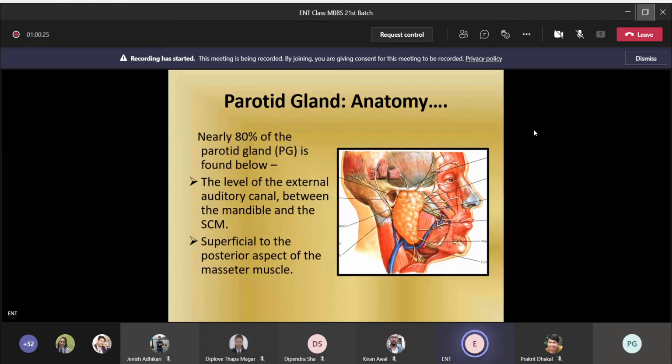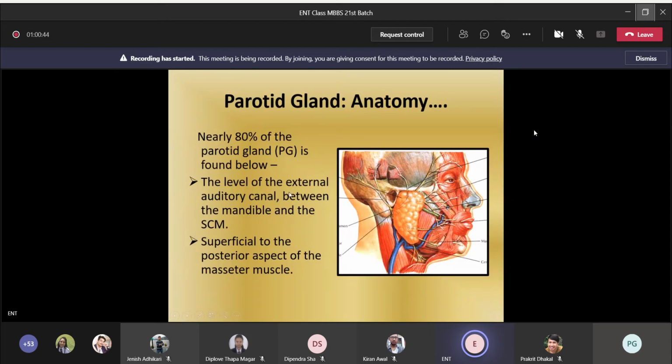Nearly 80% of the parotid gland is found at the level of the external canal, between the mandible and the sternocleidomastoid muscle. This is the SCM, the sternocleidomastoid muscle, and this is the mandible bone.